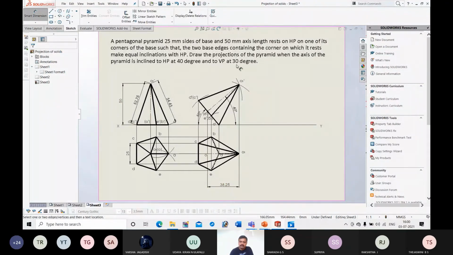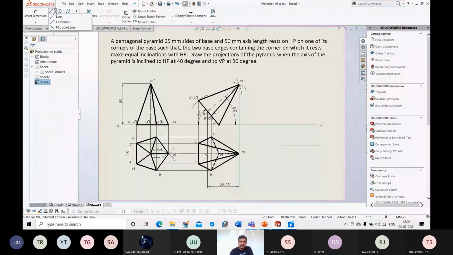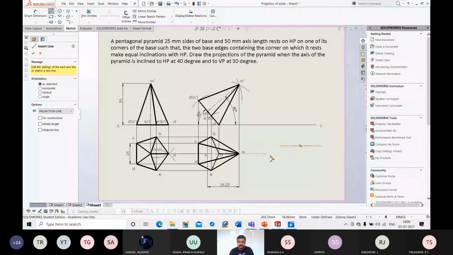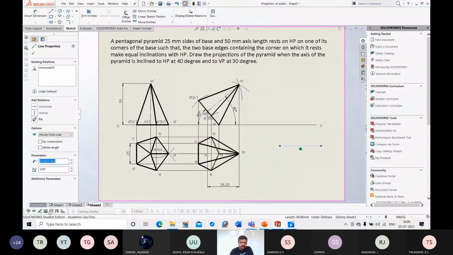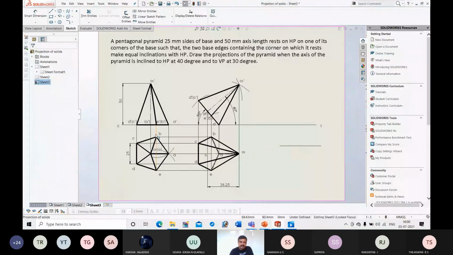That means I should find out beta. Again, same procedure like in projection of planes. So I should find beta. First I will draw a line parallel to xy. So I know true inclination 30 degree and also true length of the axis 50. So I will draw a continuous line.